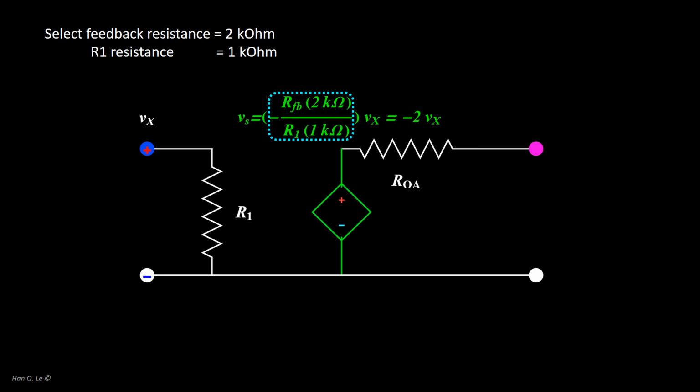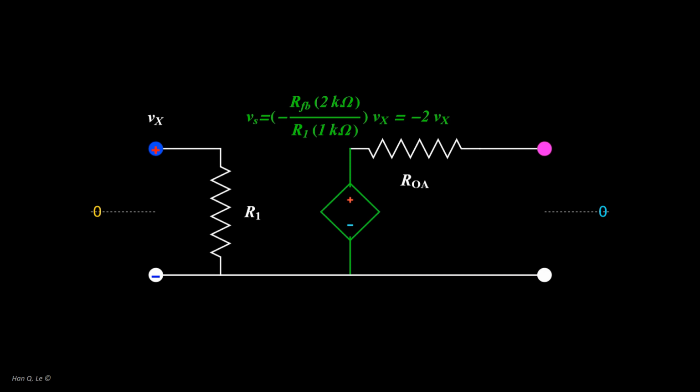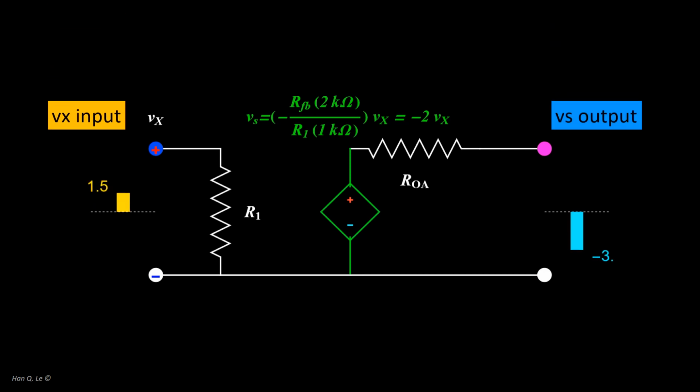Then by the simple formula, V source output is simply minus 2 times Vx. As an example, suppose a set of voltage values as shown are applied to Vx, then output Vs should have corresponding values as shown, which is a factor of minus 2 times Vx. It is a simple linear relationship.